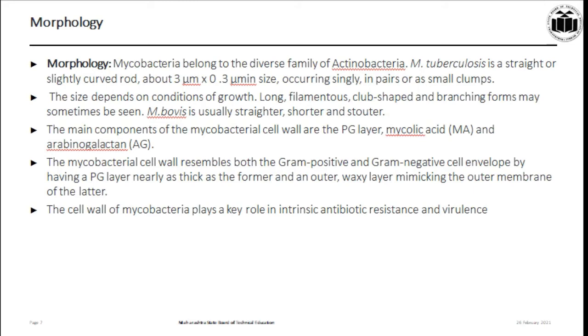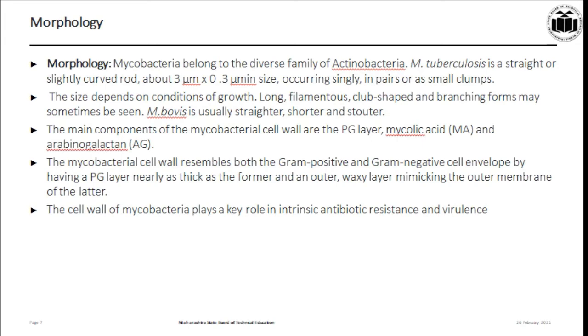This Mycobacterium tuberculosis is a bacteria which belongs to a group known as Actinobacteria. In that group this Mycobacterium tuberculosis comes.